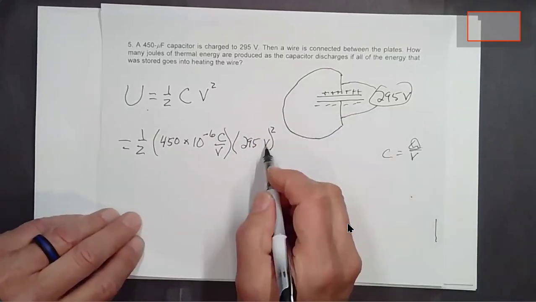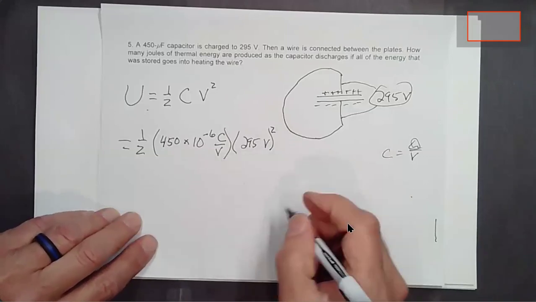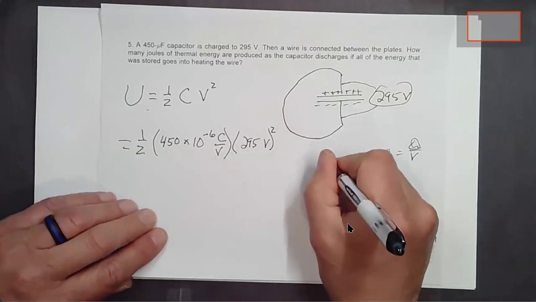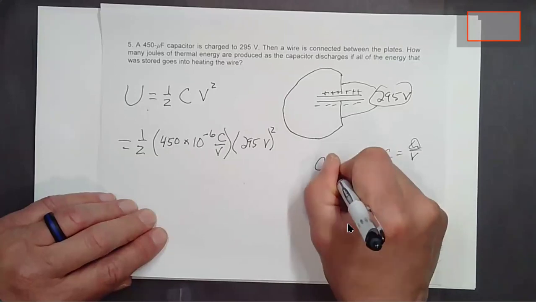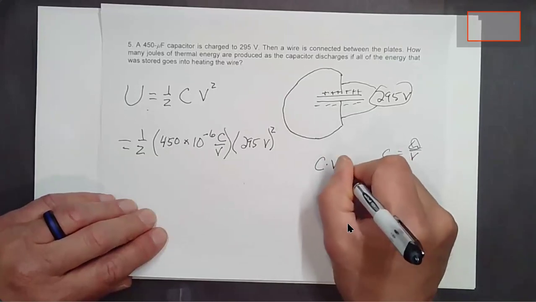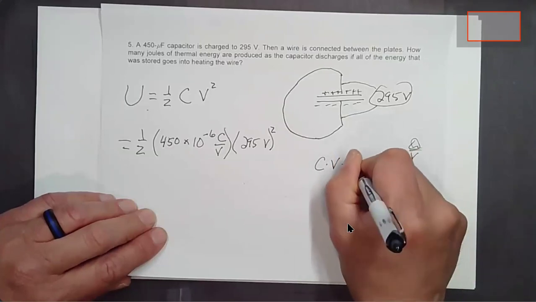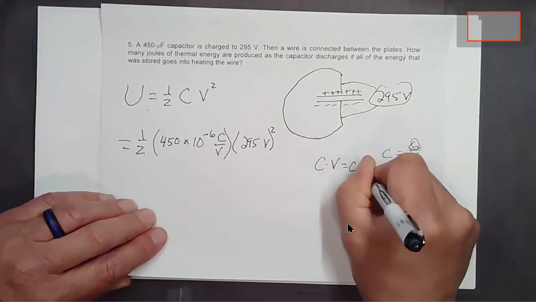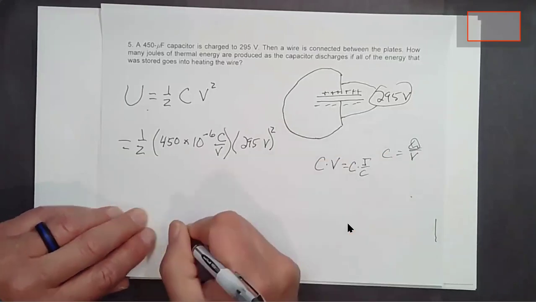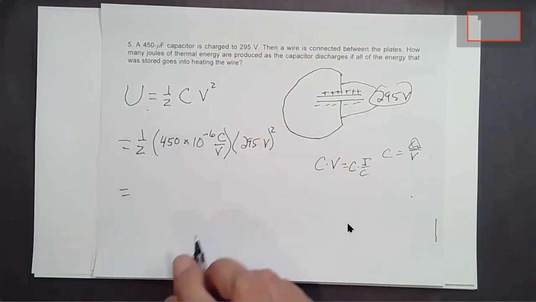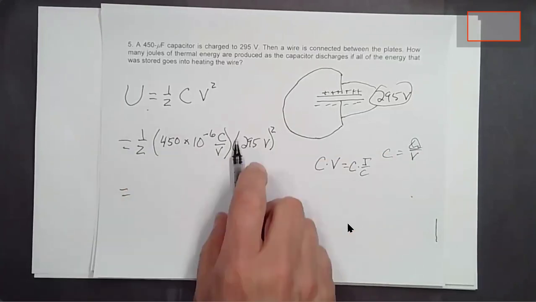Okay. Volts squared here, volts squared there. Unit wise, I'm going to end up with coulomb volts, but a volt is a joule per coulomb, so it'll be coulombs times joules per coulomb. We're going to end up with joules, so that's good. I don't think we've done that before.